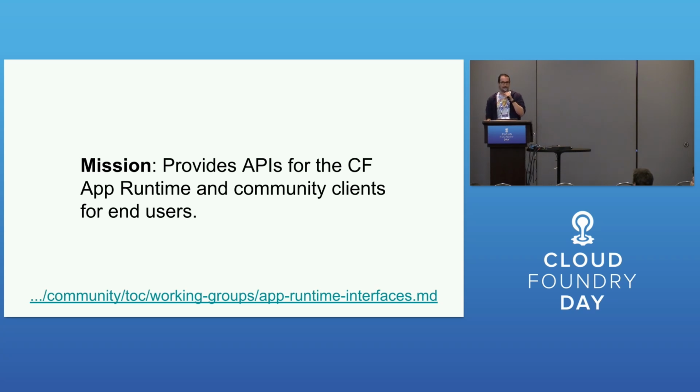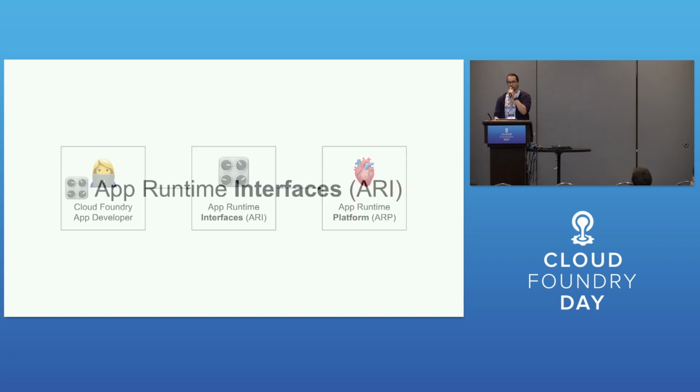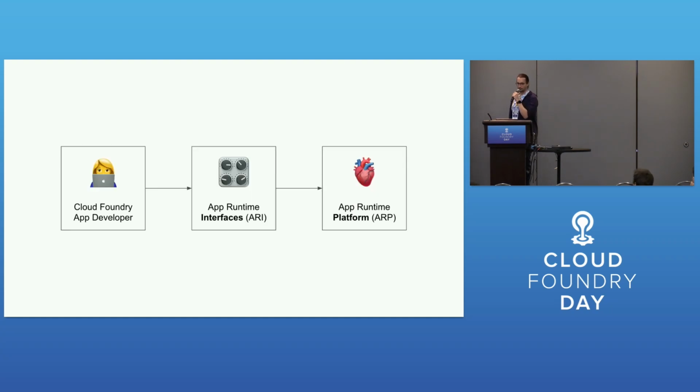So how I read that is the really core important part of App Runtime Interfaces is the interfaces portion of it. If we look at a really low resolution view of what Cloud Foundry is, there's an app developer who wants to see CF push their app.